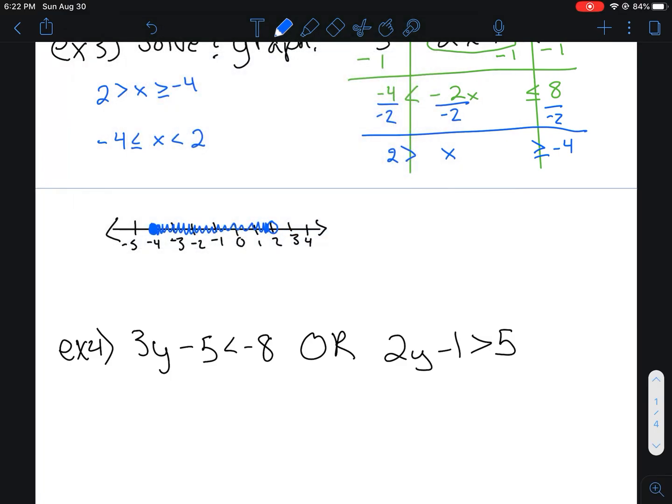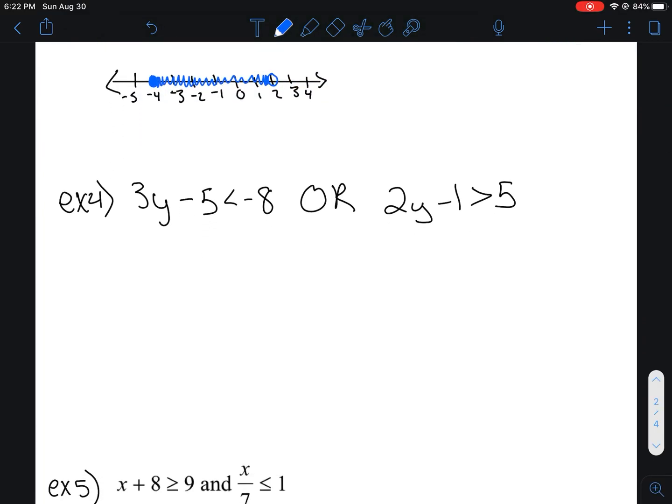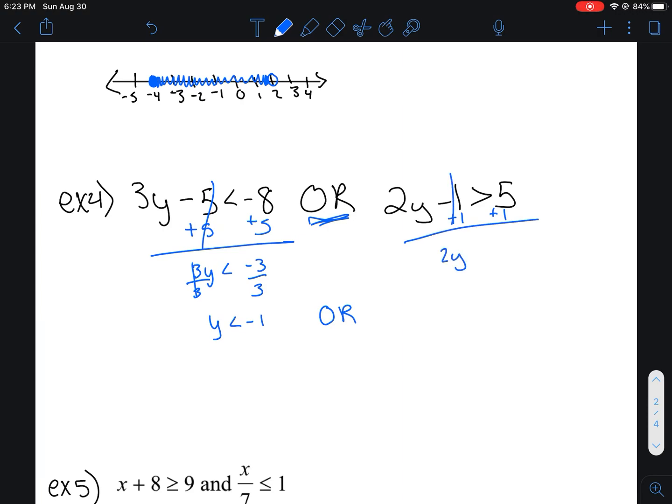All right, so now we're going to solve an or statement and graph it. So this one says 3y minus 5 is less than -8, or 2y minus 1 is greater than 5. So what I'm going to do is work on the left-hand side here first. I'm going to add 5 to both sides, and then I get 3y is less than -3, divide by 3, and I get y is less than -1, or over here I'll add 1 to both sides, and I'll have 2y is greater than 6, divide by 2.